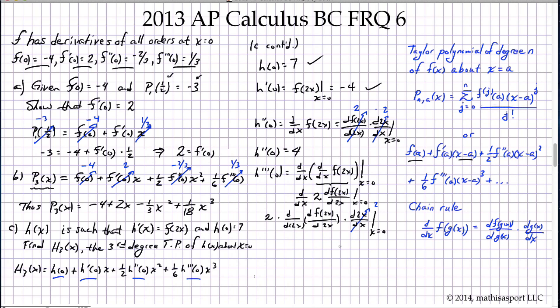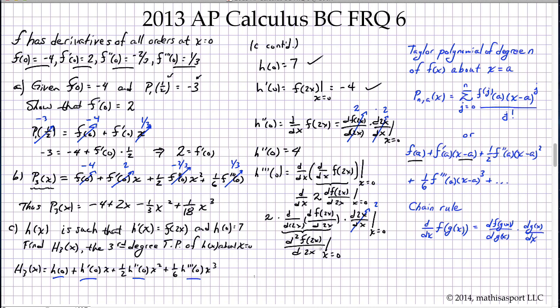This expression here is what we mean by the second derivative, f of 2x with respect to 2x. And we're going to apply that condition x equals 0. What do we know about the second derivative of f with respect to its input?